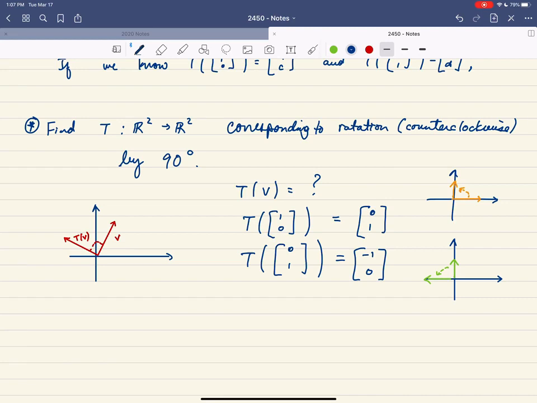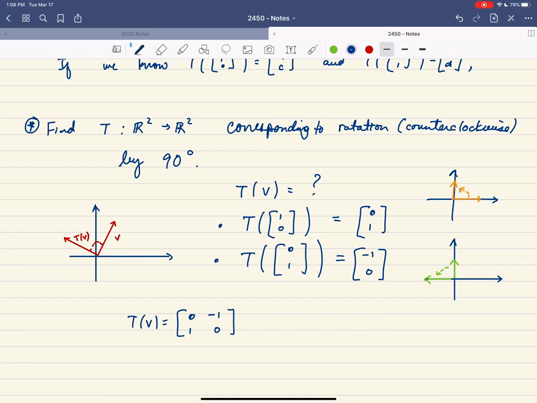And so it turns out that if we know these two basis vectors, then we know everything. And in fact, T of V is going to correspond to multiplication on the left by the matrix A, where the columns of A are determined by those columns, the outputs, the images of the basis vectors, T of (1, 0) and T of (0, 1).